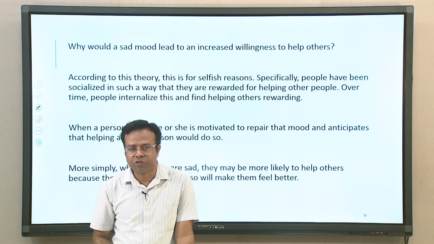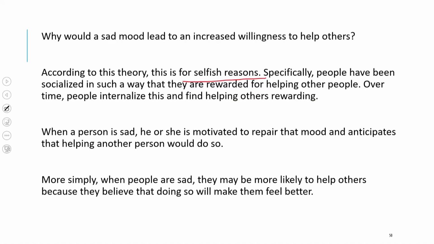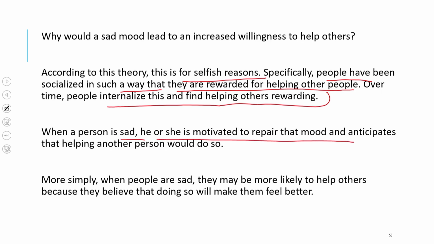According to this theory, it is more of a selfish reason. Specifically, people have been socialized in such a way that they are rewarded for helping other people. Over time, people internalize this and find helping others more rewarding, especially emotionally rewarding. When a person is sad, he or she is motivated to repair that mood and anticipates that helping will improve their mood.